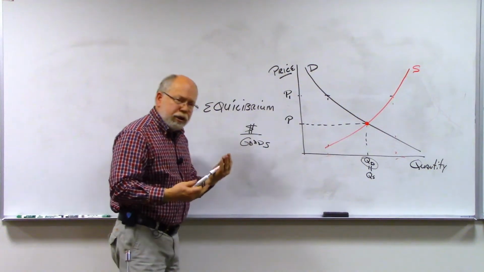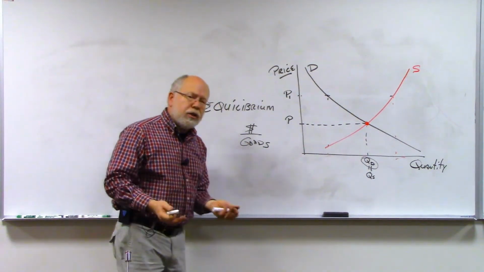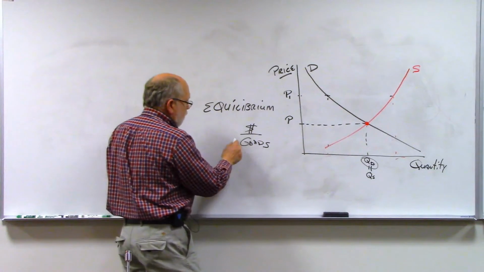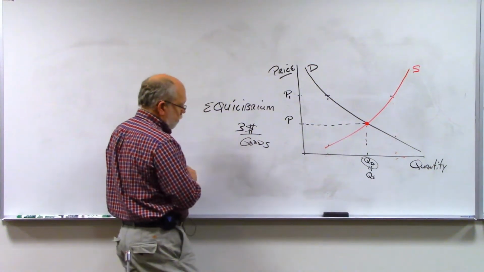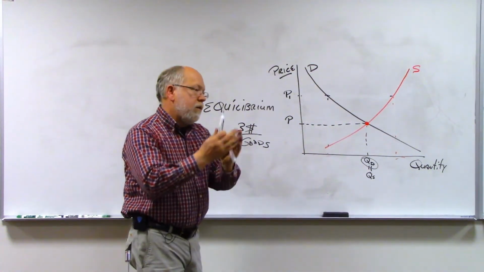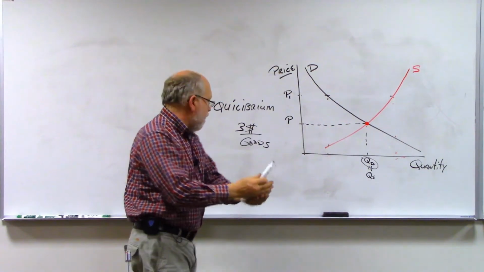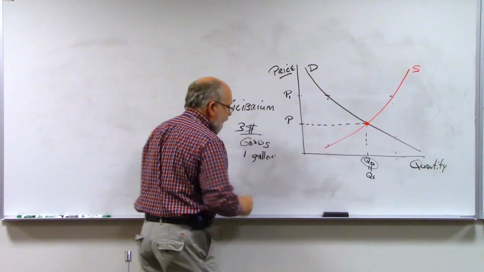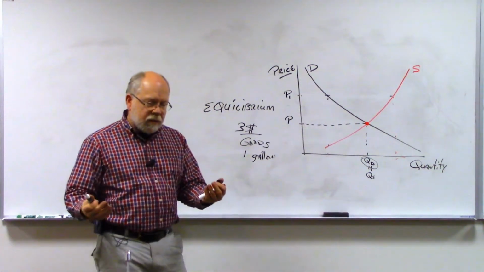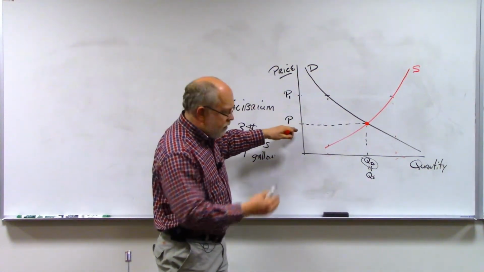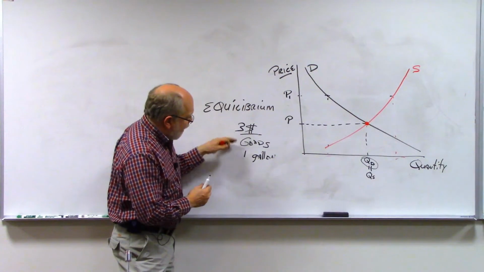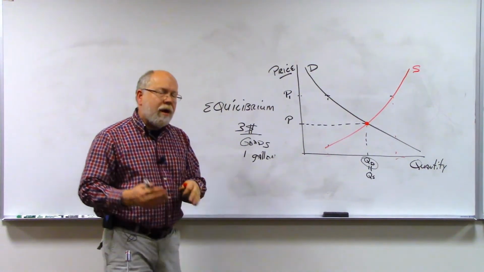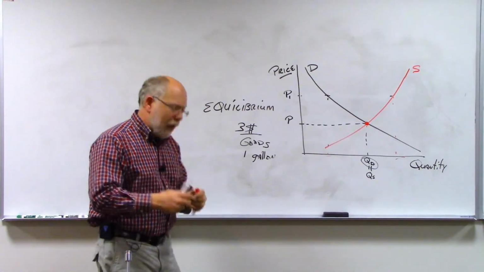Price is a ratio. Price is an exchange ratio. It says that $3 going into the gas station attendant's hands will get us 1 gallon of gasoline. So if that's the amount of dollars that it takes to get 1 gallon, we call that the price per gallon.